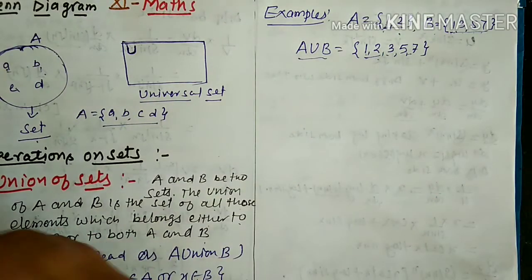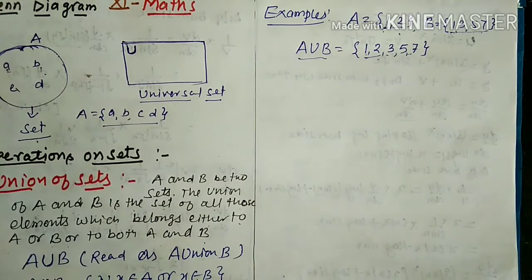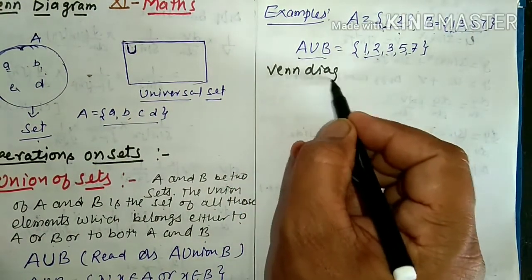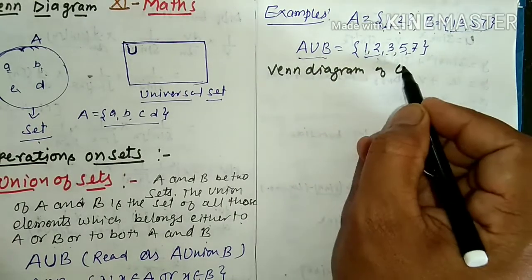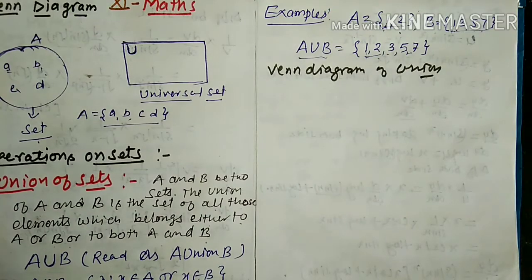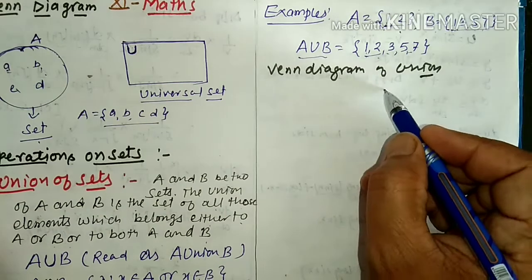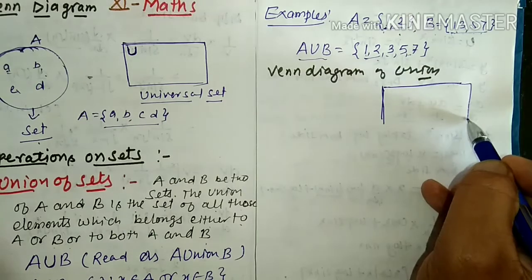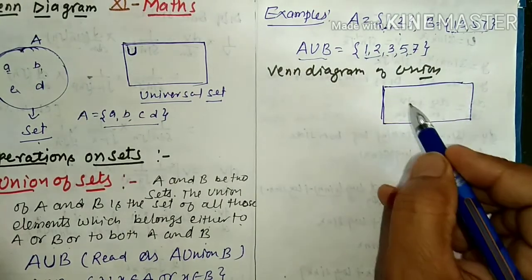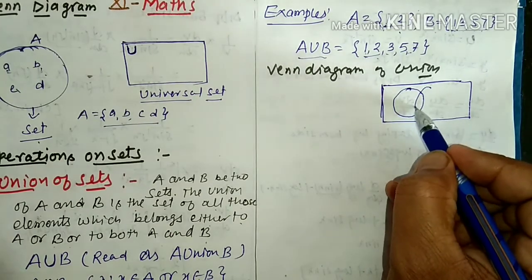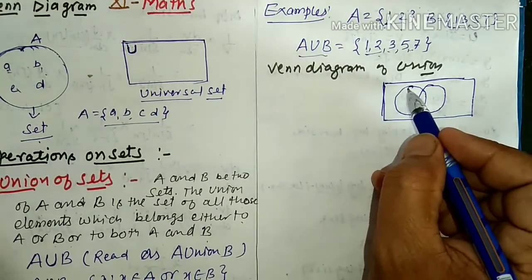Now Venn diagram of union. So how will we draw the Venn diagram? Again I explain that first of all we have to draw the universal set, because every set is a subset of the universal set, and one set is this A, another set is this B. Clear?